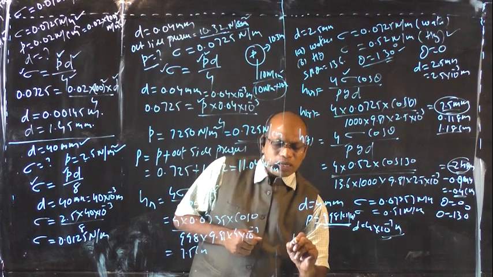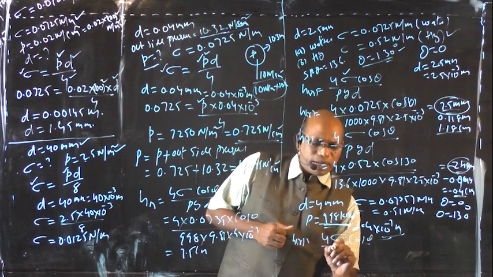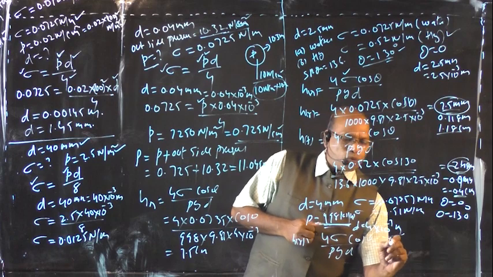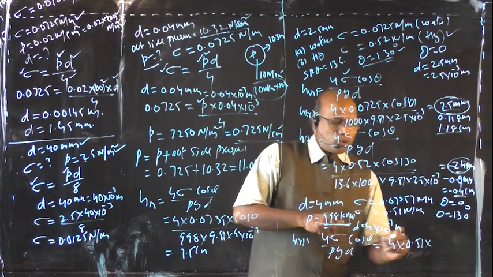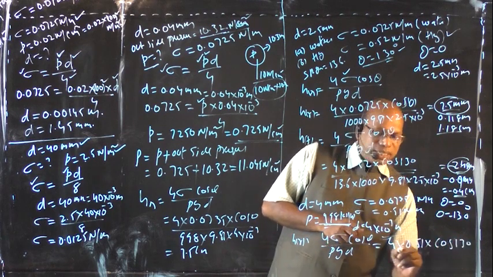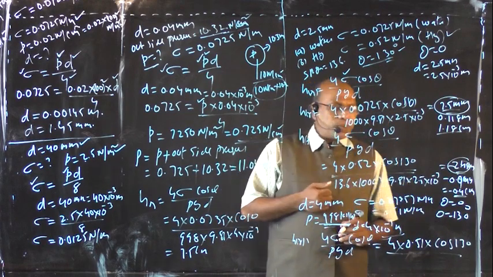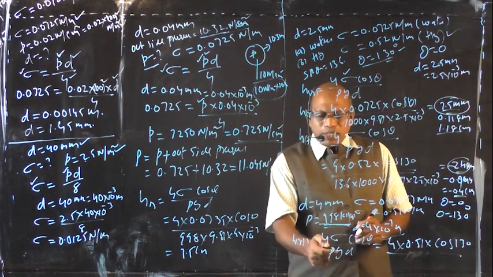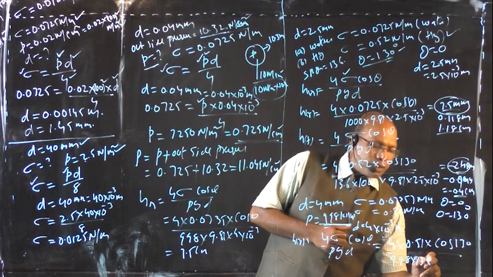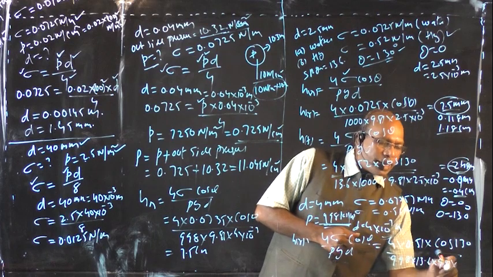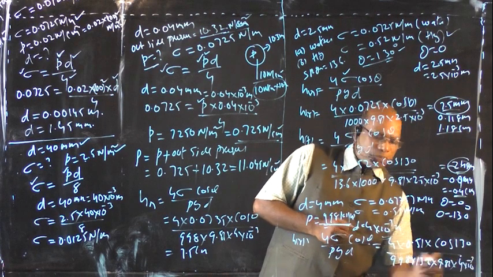Now capillarity fall H is equal to, in case of mercury, same formula, 4 sigma cos theta divided by rho GD. 4 into sigma for mercury, that is 0.51, into cos theta, theta here is 130 degrees, divided by rho, density of mercury here, that is the density of the liquid at 20 degrees temperature, 998, into specific gravity of mercury given, 13.6, into G value 9.81 into D, which is 4 into 10 power minus 3.